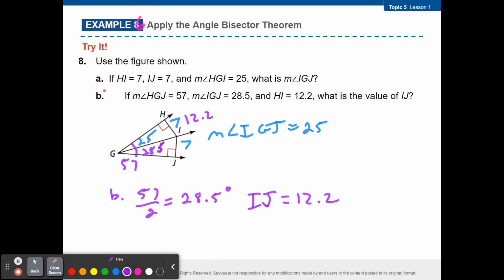Questions on that? All right, look at page 112. I want you guys to work on 5 through 8 on your own. Look at 5 through 8. We'll go over those in just a few minutes.